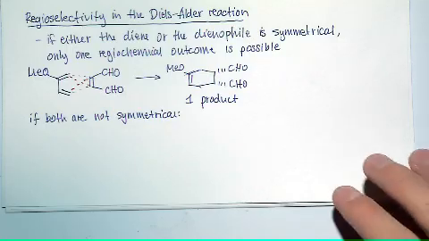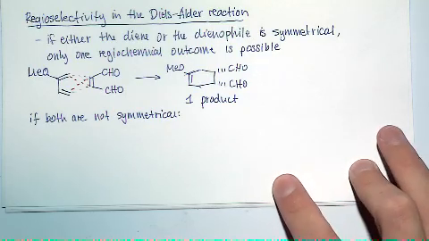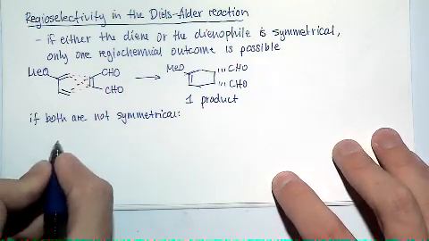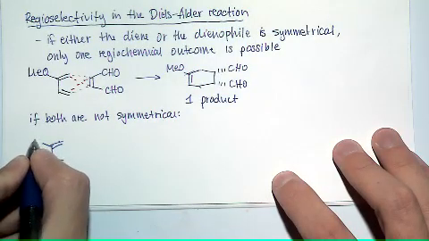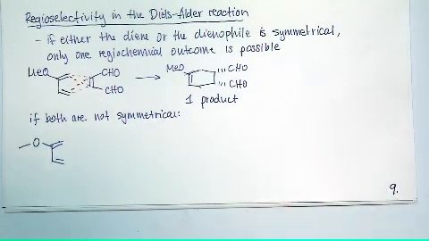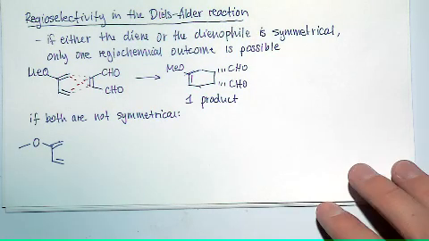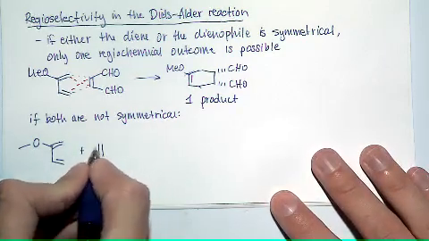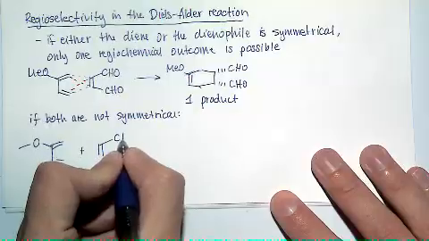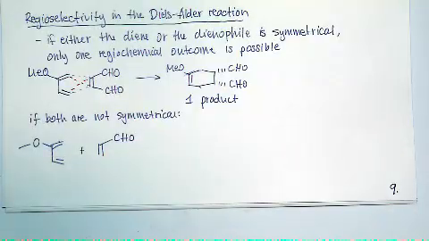So if both of the reactants are not symmetrical, there's a different way to draw the methoxy group, just an oxygen with a methyl group hanging off. But now let's say that the dienophile is also not symmetrical.